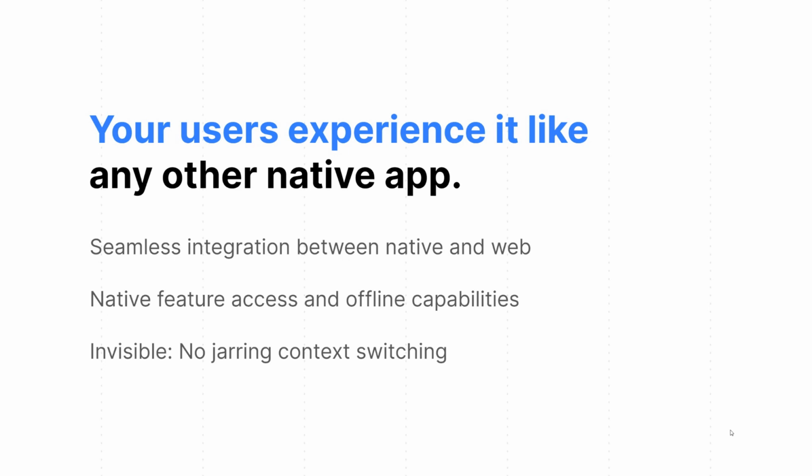And most importantly, as we said, you want the experience of going back and forth between web and native to be invisible. It can't be jarring, and it's not going to be. The context switching is imperceptible to users, and they're just going to use their app like any other native app, and your team benefits from speed and delivery innovations there.